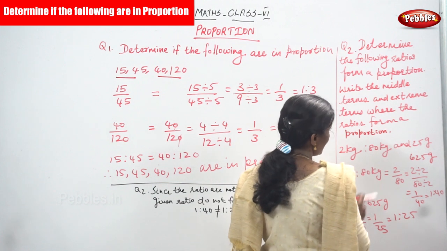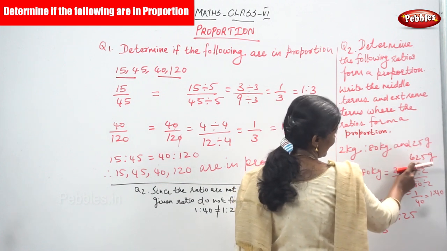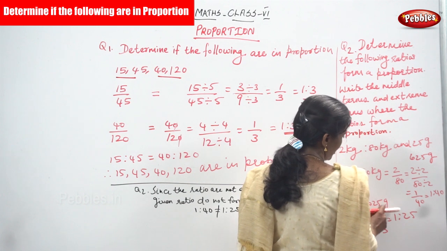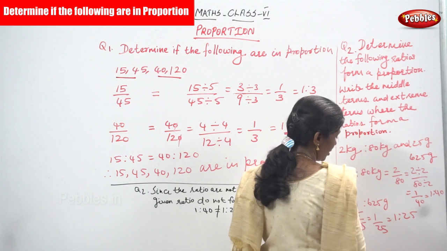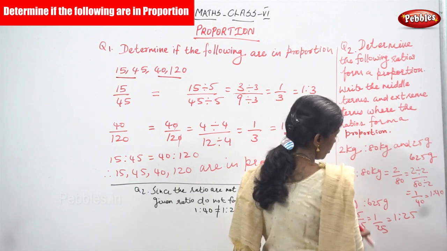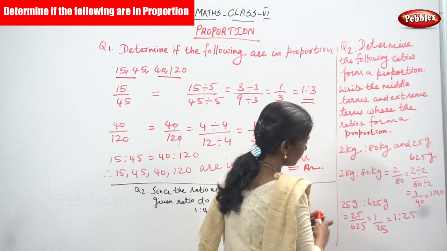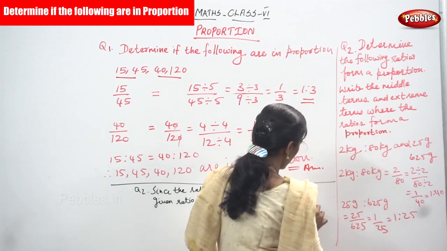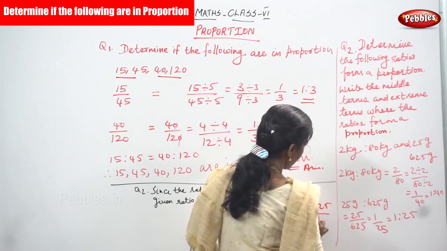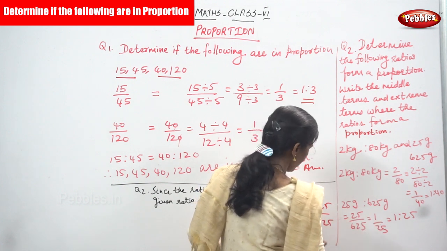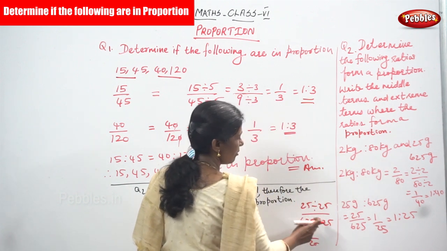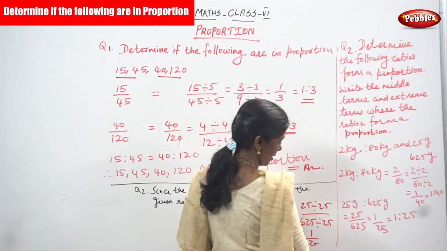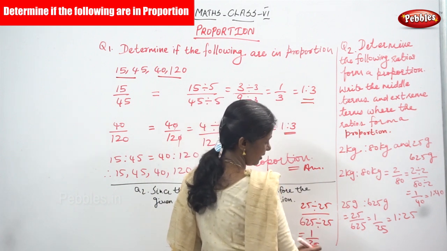The next pair is 25 gram and 625 gram. So 25 gram is to 625 gram. So 25 divided by 625. This ratio is converted into a fraction. Now what are you going to do? 25 is divided by 25 and 625 is also divided by 25. 25 divided by 25 you get 1, and 625 divided by 25 you get 25, because 25 times 25 is 625.